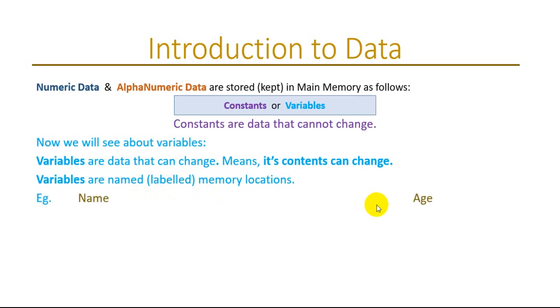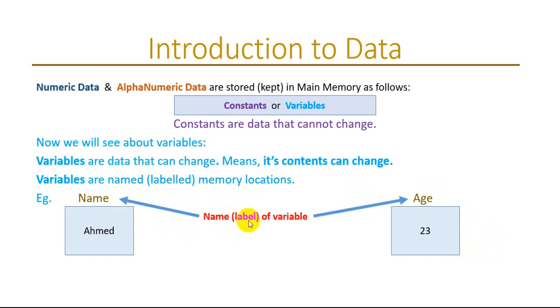Let's see an example. Now we are going to have two memory locations, one called name, another one called age. These are the names, or labels, of the variables, and this is the content or the value of the variable. For example, the variable called name contains the name Ahmad.